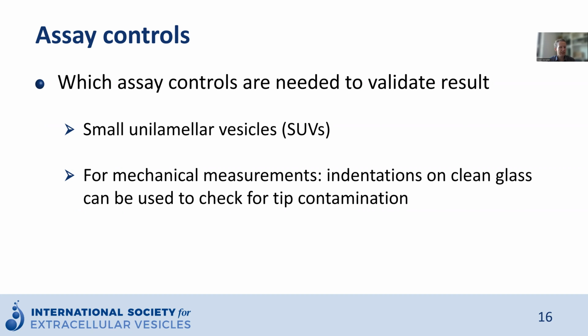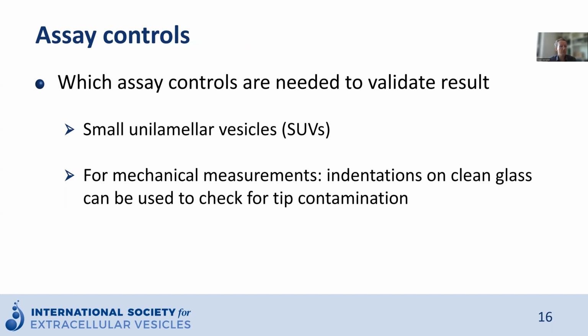In addition, one thing that I didn't discuss yet, but which is a good control during experiments, especially for mechanical measurements, is to sometimes also indent the glass surface next to the EVs. The AFM tip can become contaminated with EVs, parts thereof, or other particles present in the sample, and these can strongly affect your measurements of both the shape of vesicles as well as during the indentation.